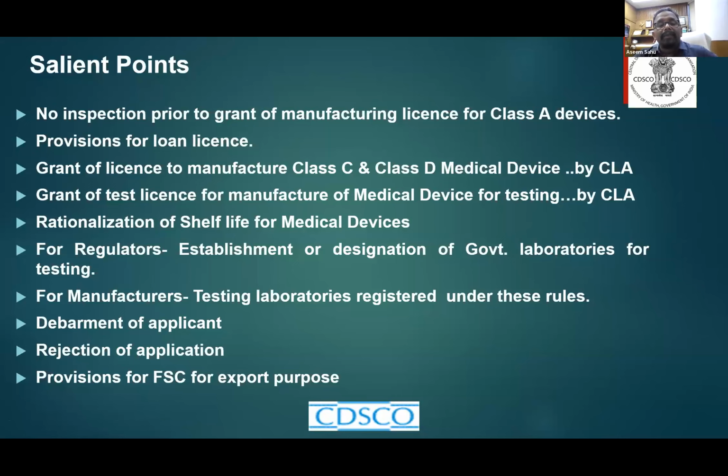For the manufacturers, provision for private testing laboratories for testing of medical devices has been made. And as I have already explained, more than 30 testing centers so far we have approved for this purpose. The provision for debarment of the applicant or rejection of the application, and also the provision for the grant of the free sale certificate for export purposes, that specific provision we have made in this Medical Device Rules 2017.